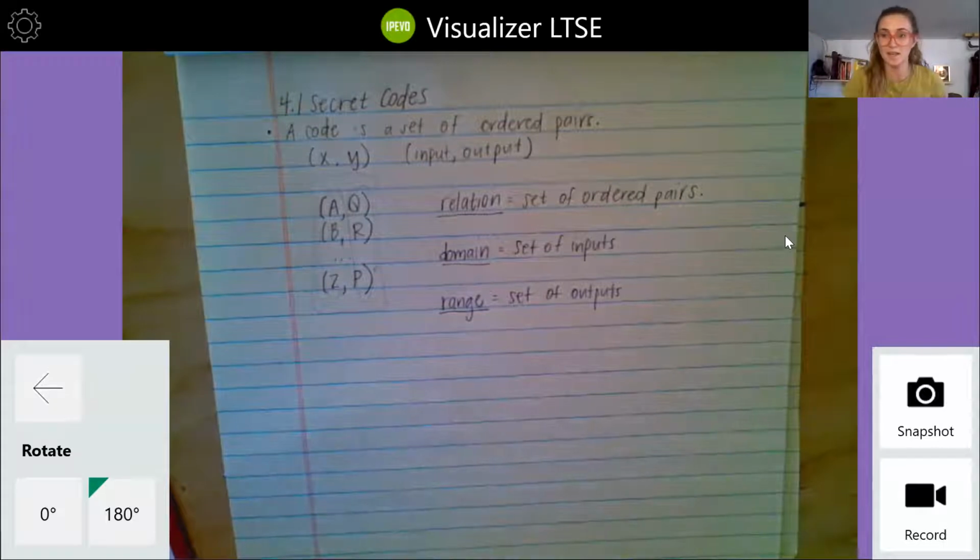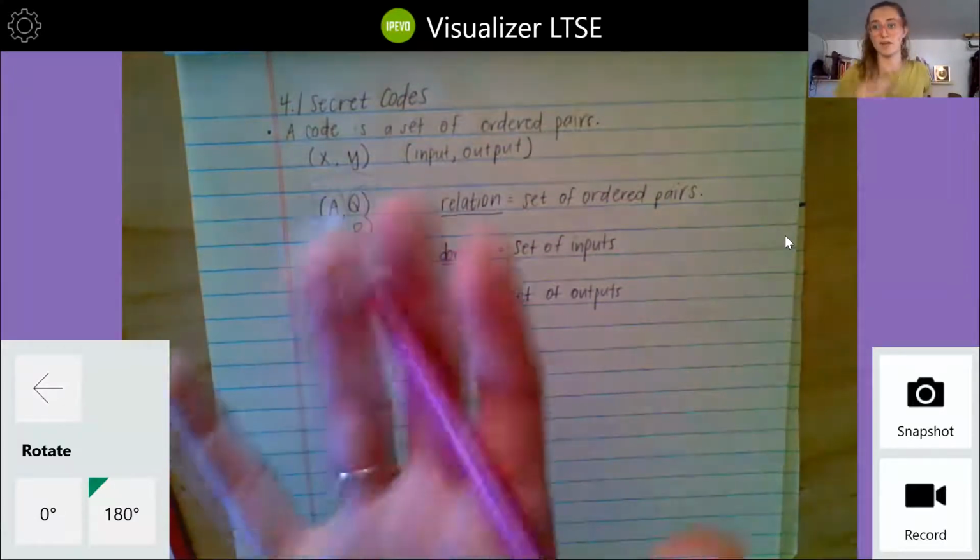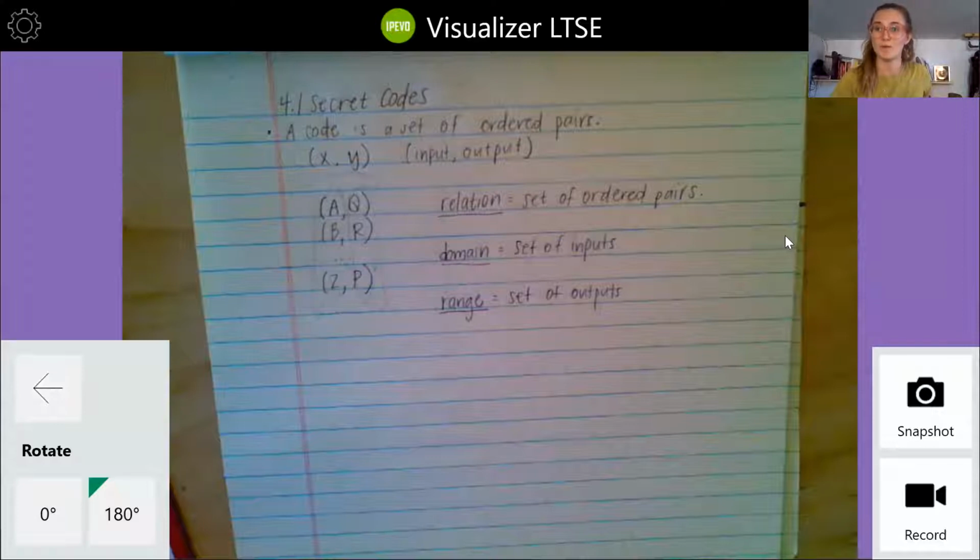In that second code that we used in the investigation, several of the inputs had multiple outputs, which made things very confusing and made it unclear how to encode a message, because for example, M was coded to be C as well as T. So I'm not sure what to use, and on the other end, when someone wants to decode the message, they wouldn't be able to.